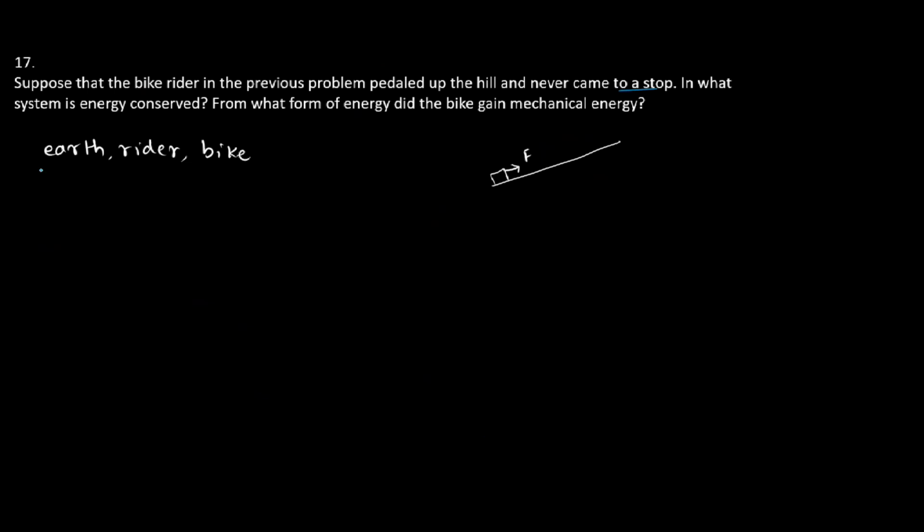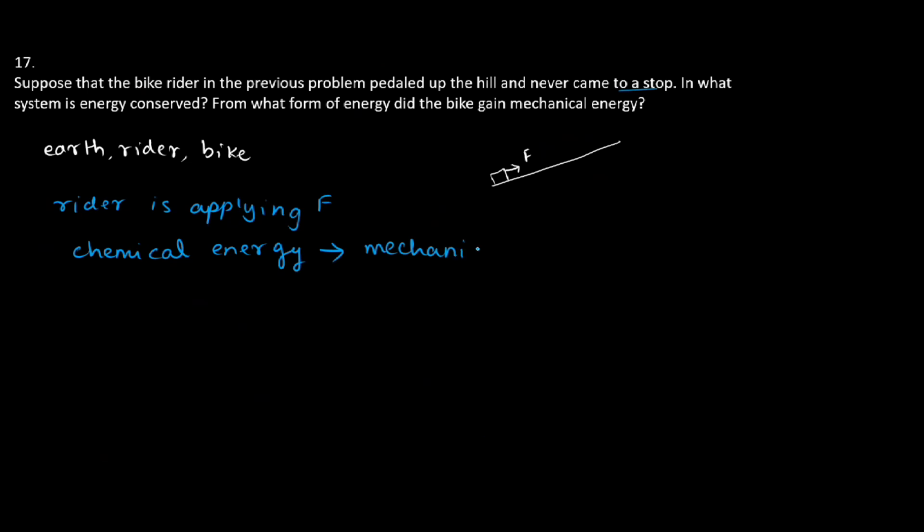Because when the rider is applying a force, he is using his chemical energy. And when he applies that force, he converts that chemical energy to mechanical energy. So chemical energy of the rider is converted to mechanical energy of the system.